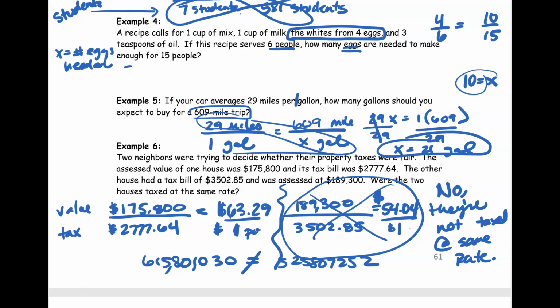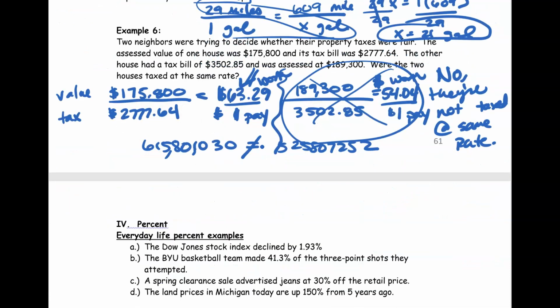So the bottom is what you pay, and the top is what your house is worth or assessed at. So this house is actually a better deal in terms of the taxes.